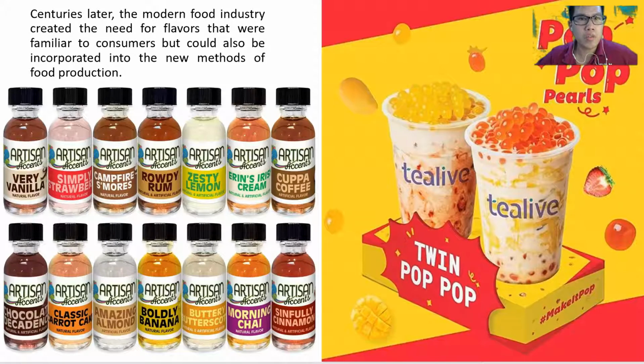Okay, so a century later, nowadays the modern food industry creates the need for flavors that are very familiar to consumers. So you have, for example, the vanillins, the vanilla flavors, and apples. You can get any type of flavor nowadays, and you can use it in food production.